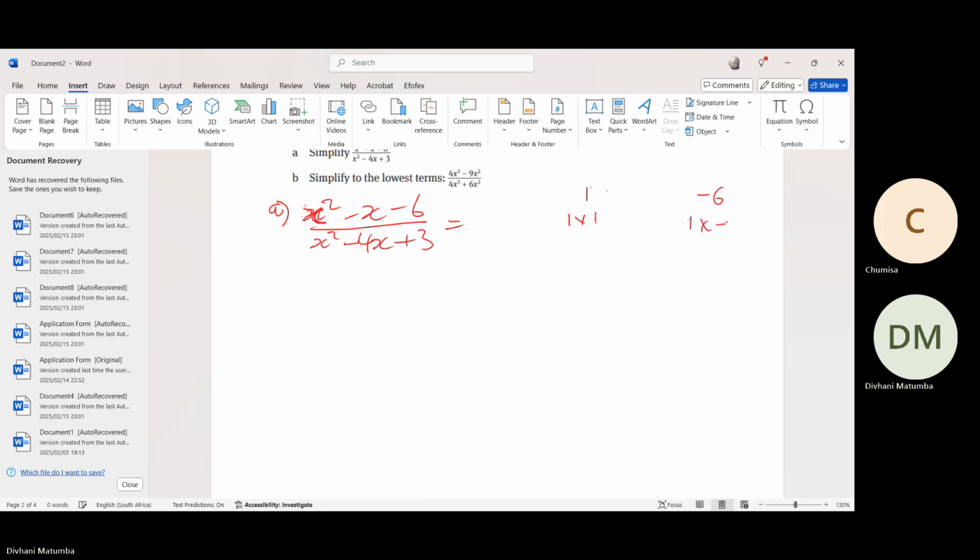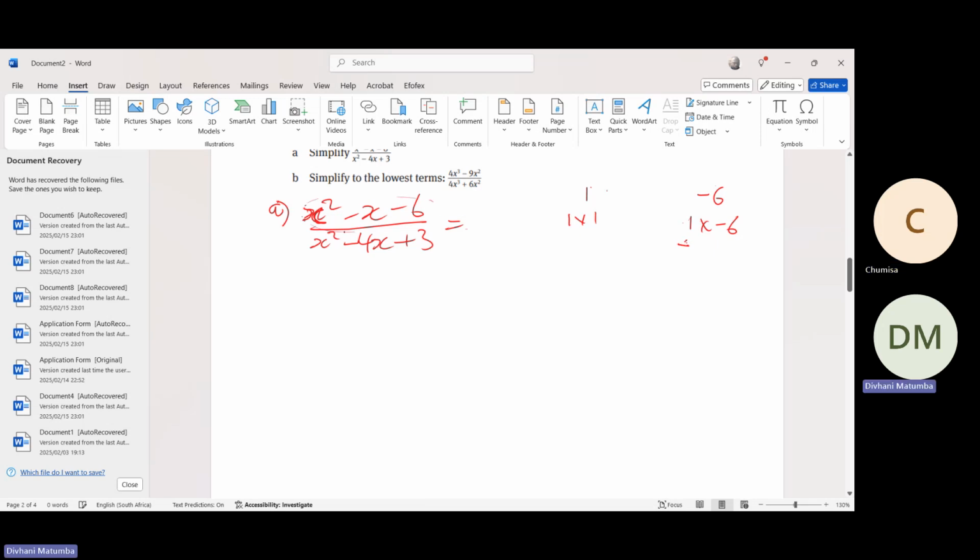Okay, you agree? Any other factors? Any other factors, for both the numerator and denominator?